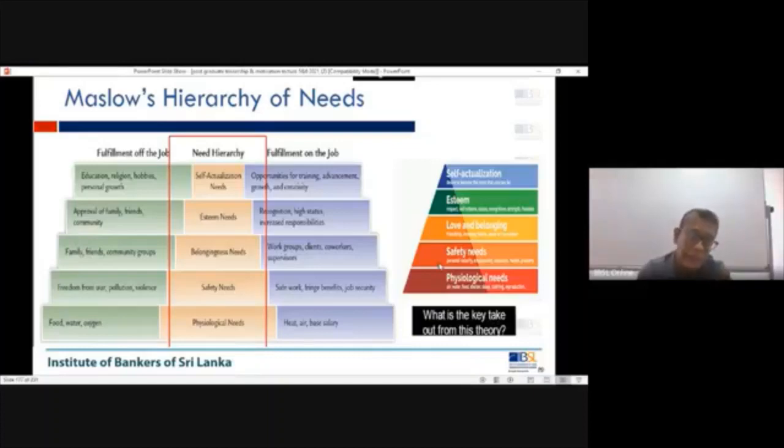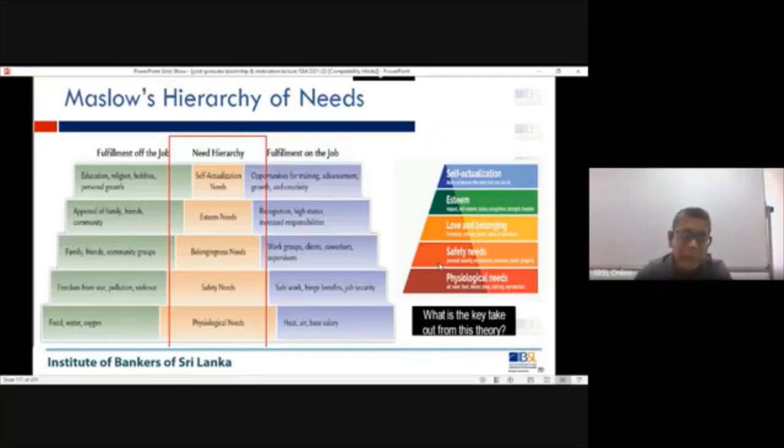Everybody wants them. What Maslow said is, if you want to motivate employees, you must first satisfy these individual needs, which fall in hierarchical form. As an organization, how am I going to fulfill these requirements?